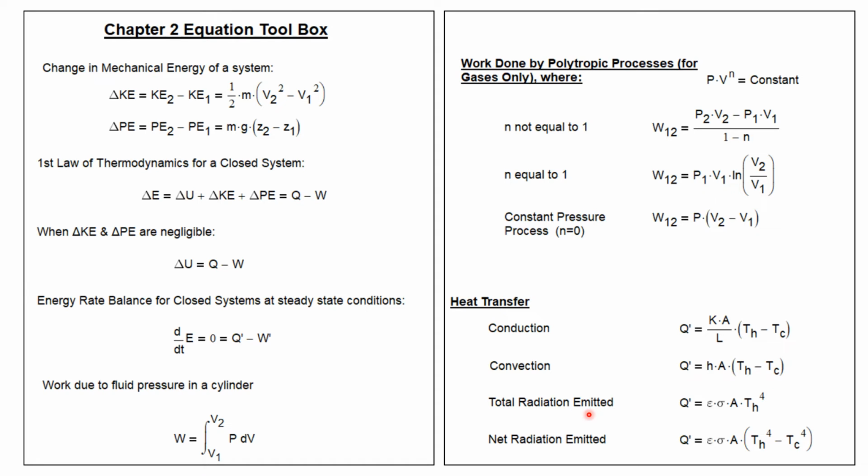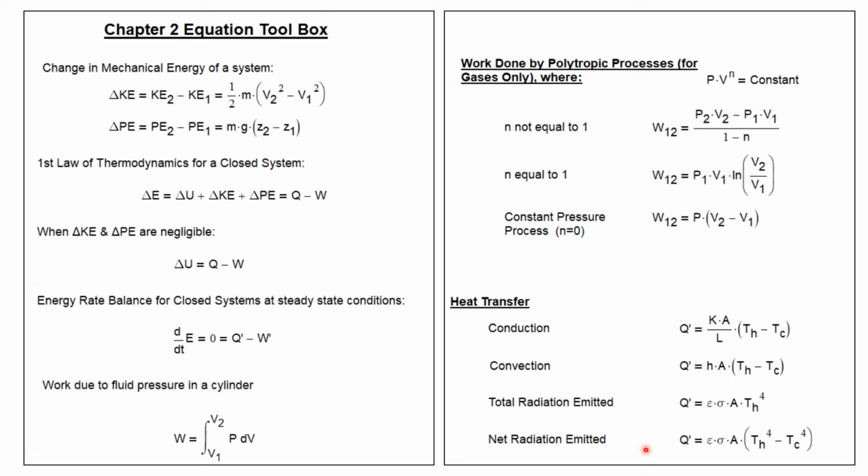Now, for radiant heat transfer, we actually had two equations. If we looked at simply the amount of radiant energy, that is equal to the emissivity of the material, which is 1 or less, times the Stefan-Boltzmann constant, which is just a constant, times the area from which the energy is radiating, times the absolute temperature to the fourth power.